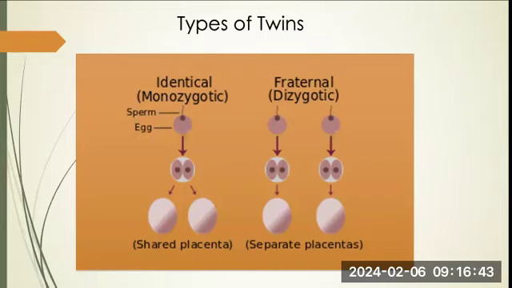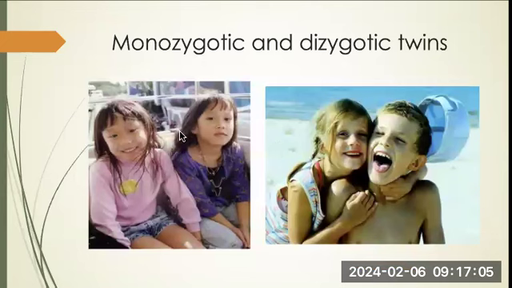The separate placentas are actually triggered by the two zygotes. Any other questions? Okay, so there you can see monozygotic and dizygotic. So if you see a brother and a sister and they're twins, automatically you know that they are dizygotic twins.